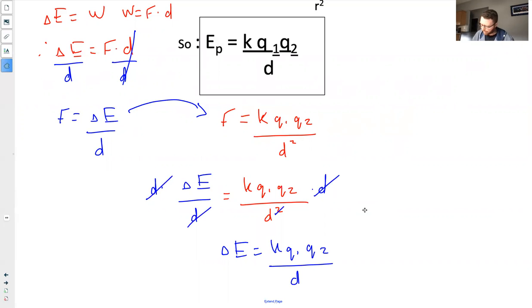So just a couple notes here. So change in energy, this can either be potential or kinetic, right? So E is going to be energy at the orbital distance. And D here is going to be the distance between charges.